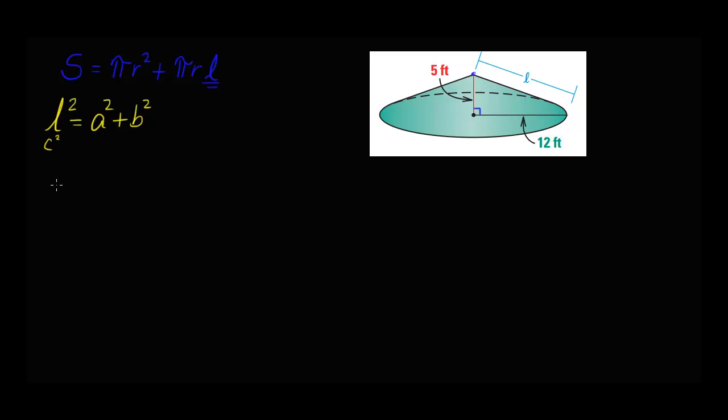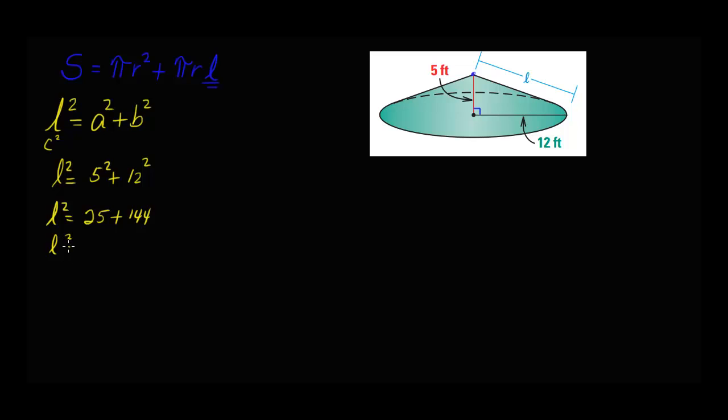Okay, so let's plug in our values. L squared is equal to, let's use the height of the cone for 5 squared, plus the radius, which is the other side of the triangle, that would be 12 squared. So L squared is equal to 25 plus 144.